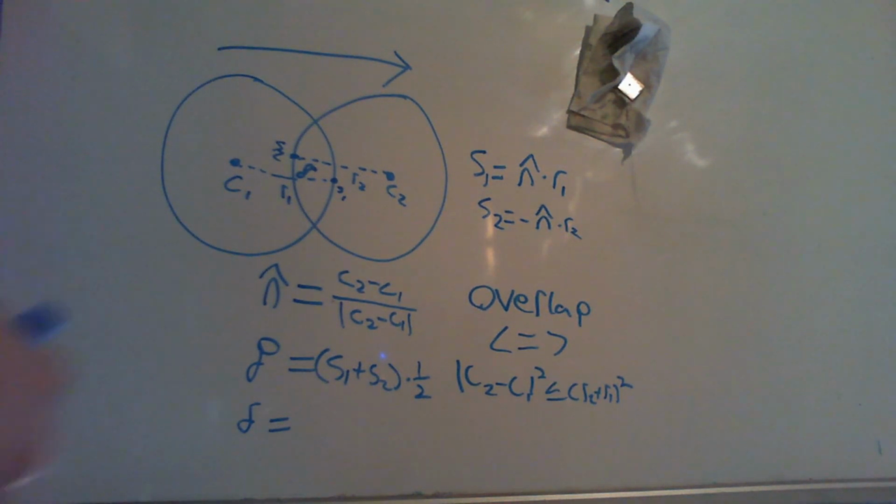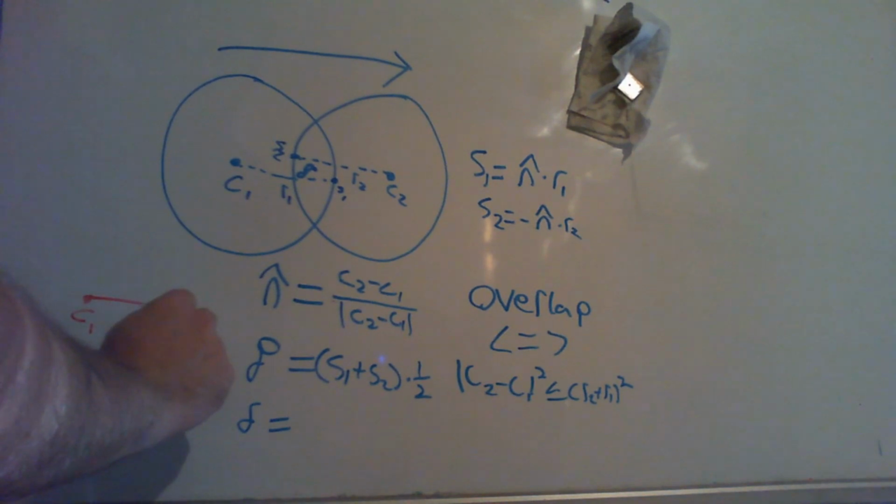And now we can think about this geometrically by putting our 2 points that we have, C1 and C2. And C1 and C2 make a line segment along the vector n.